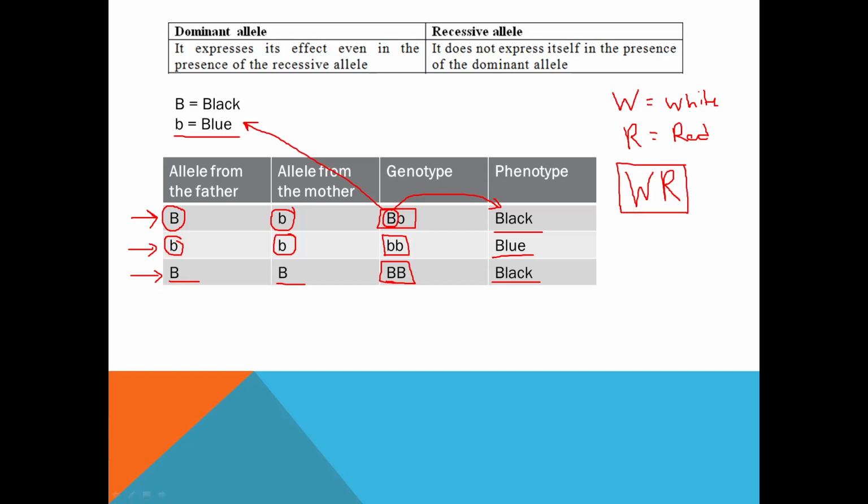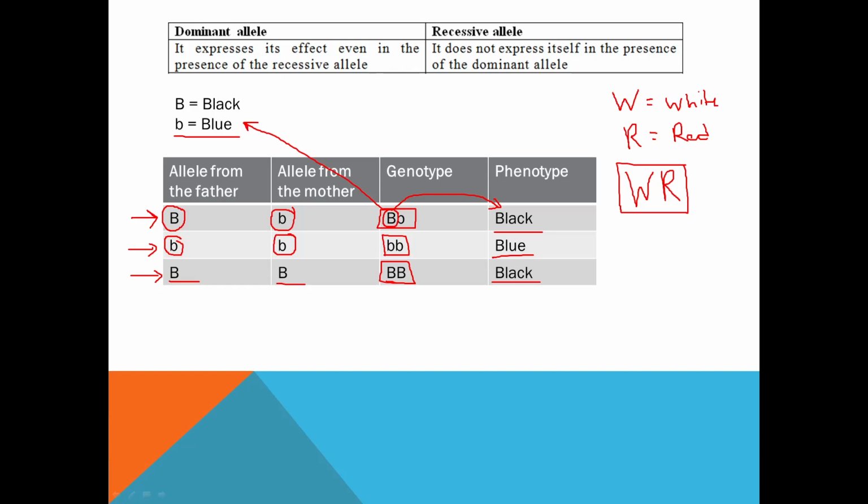In this case we have two dominant alleles, and each allele represents a different color. So the answer is the flower will show both of them. The flower will be pink, which is a mixture of the two. Or it is also possible that some of the petals will be white and other petals will be red in the same flower.